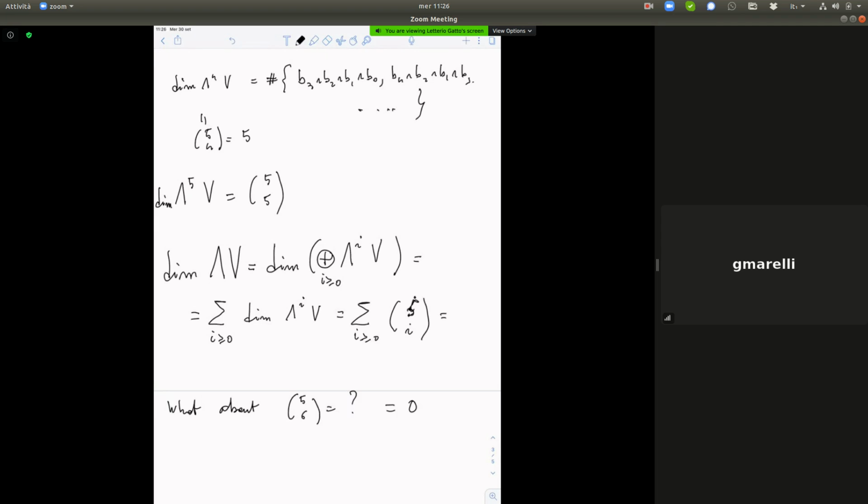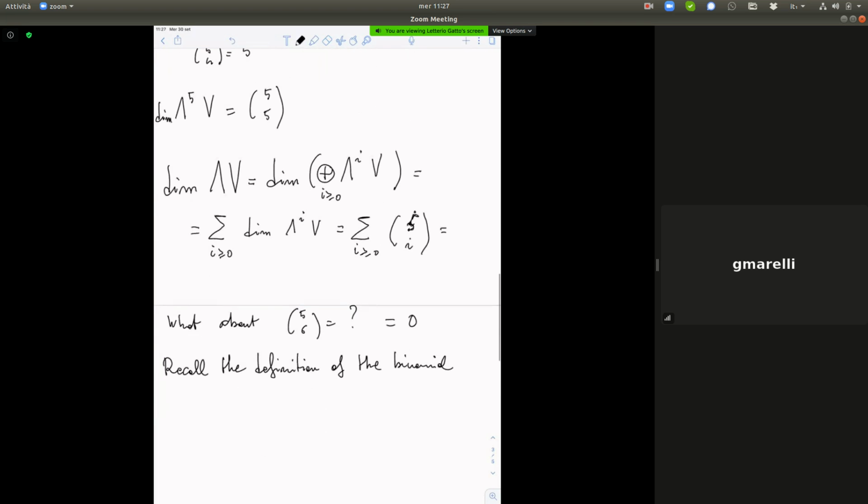Why is it 0? It is 0 because recall the definition of the binomial coefficients.